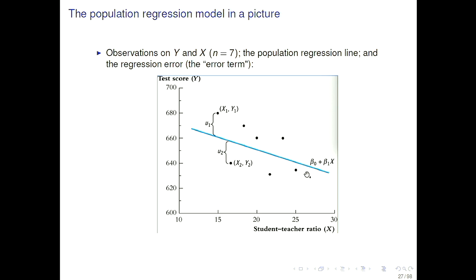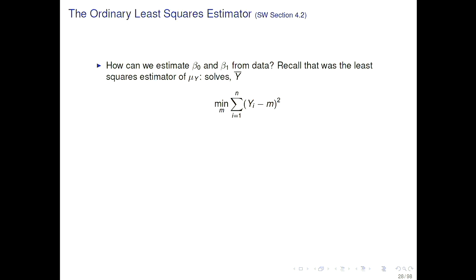Again, this is an example, and this is a hypothetical situation where we know the population regression line. We don't know the line. That's why we need the data to estimate the shape of the line, location, and the slope of the line. Okay? So if we estimate beta naught and beta 1 using data, then that is the estimation of the population regression function.